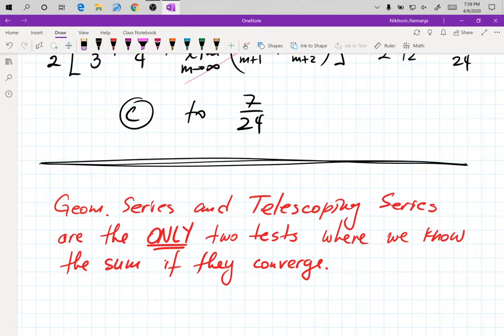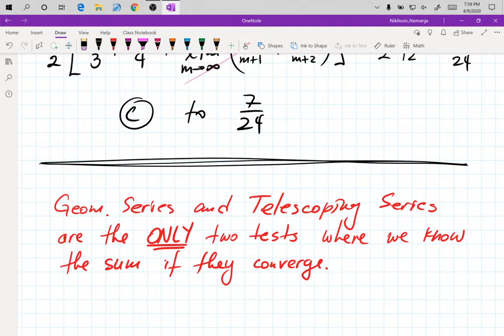Now, you will have other 8 tests. Out of those 8 tests, divergence test can't tell you convergence, obviously, hence the name divergence test. So the other 7 tests will tell you that the problem converges, but you will not know to which value.